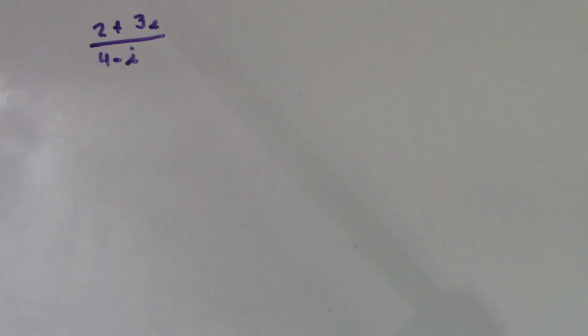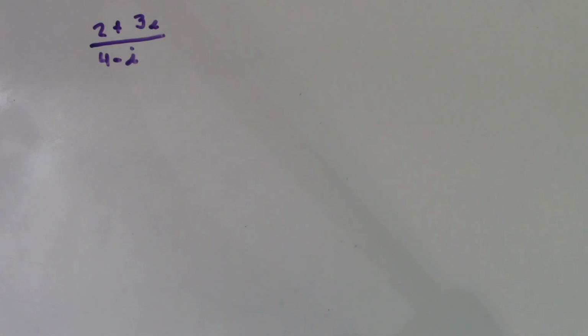Okay, when we go to divide complex numbers, it's probably going to be written this way and not horizontally. And initially, it's not even obvious that they want you to divide. But just like when we rationalize radical expressions, we don't leave radicals in the denominator. We don't leave complex numbers in the denominator. We need to get rid of the imaginary part and change it into a real number.